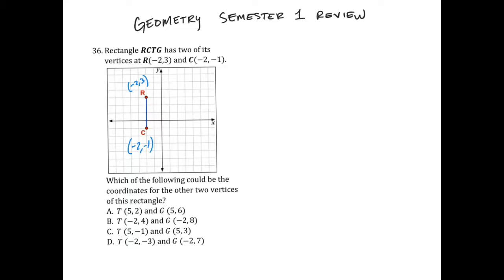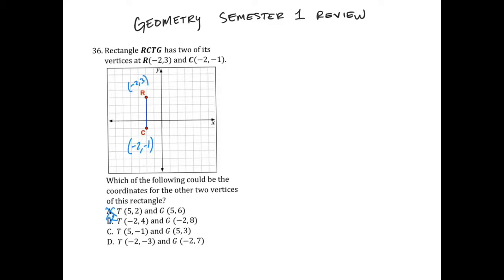All right, so I'm going to try answer choice B, negative 2, 1, 2, 3, 4. And that would mean T would be right here. Well, that's not going to make a rectangle either, so let's get rid of that one. Remember, a rectangle is a parallelogram with 4 right angles. So A is out, B is out.